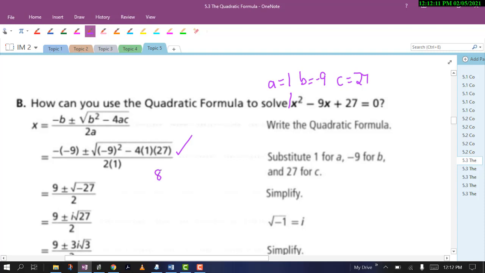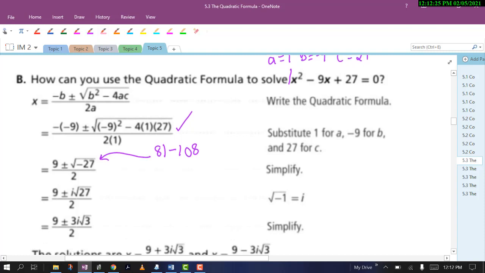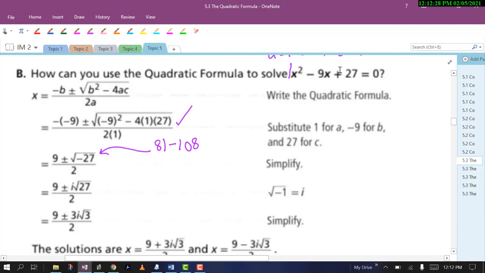Negative 9 squared is 81. 4 times 1, of course, is just 4, times 27 is 108, but now it's negative. So 81 minus 108, negative 27. Of course, negative 9 in the front would be positive 9. We got 2 times 1 in the denominator.